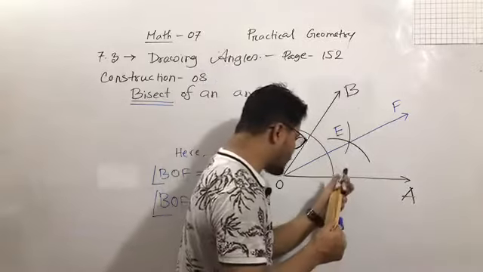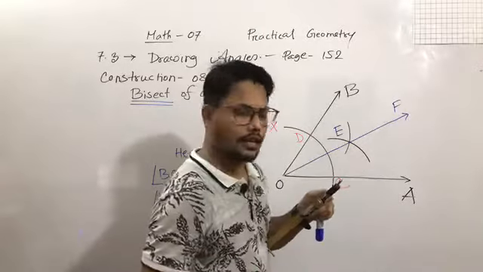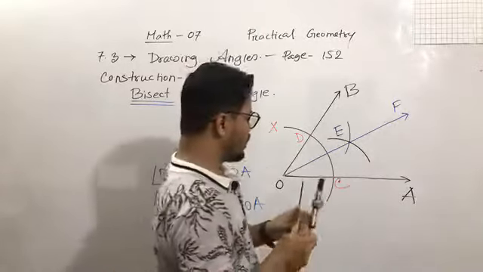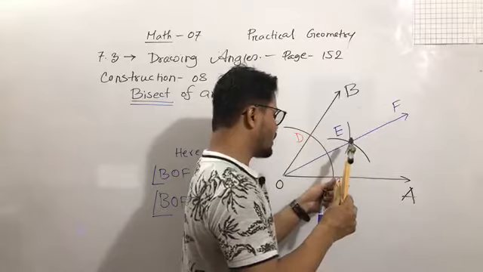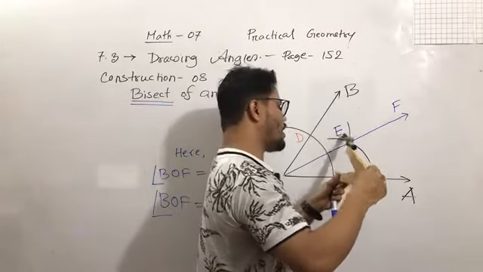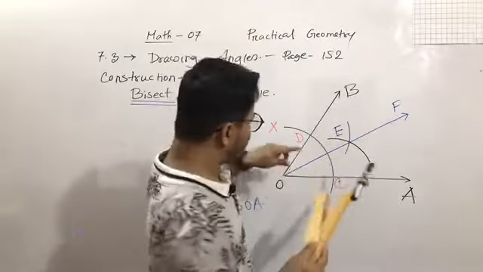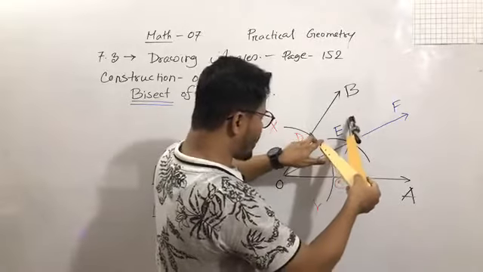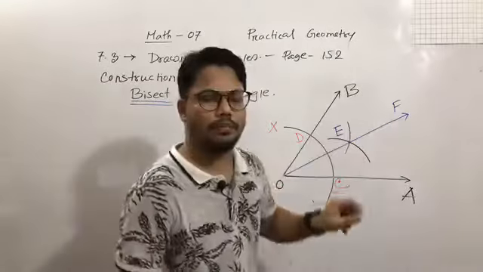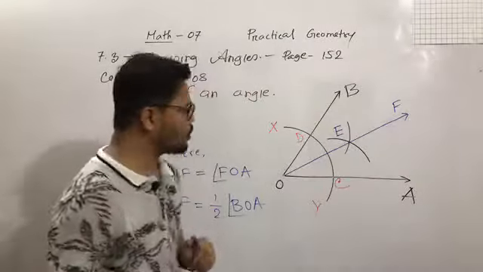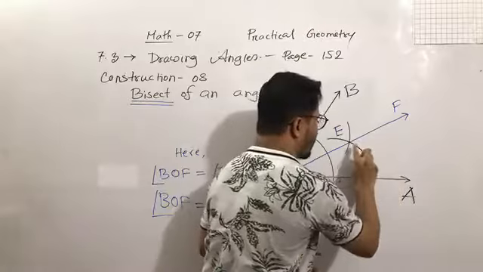If you take the radius like this, these two arcs never intersect inside the angle. That's why we say, placing the pointer at C, taking radius greater than half of CD, draw an arc inside the angle. And taking the same radius, placing the pointer at D, draw another arc on the previous arc. They intersect each other at the point E. Step 2 complete.